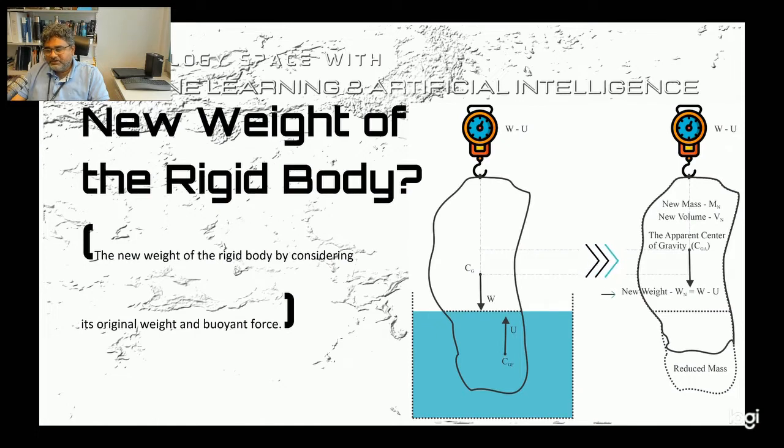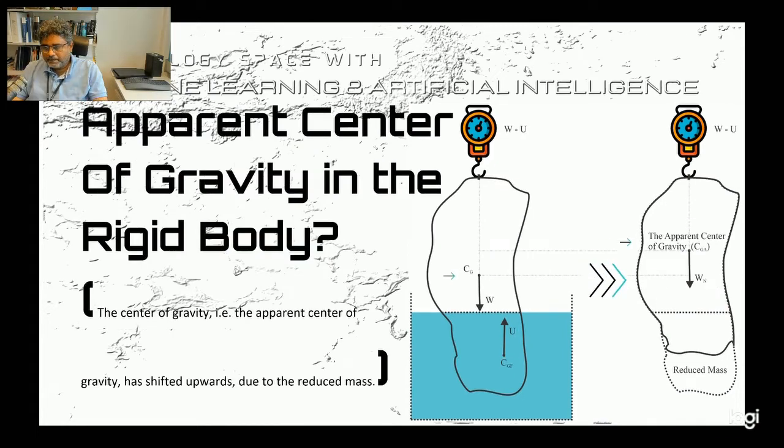From the previous scale reading, it would be the new weight value of Wn equal to W minus U. So since the reduced mass concept for this rigid body is introduced due to this buoyant force, the mass distribution in this rigid body has also changed. So since the mass distribution has changed, its center of gravity should also be changed.